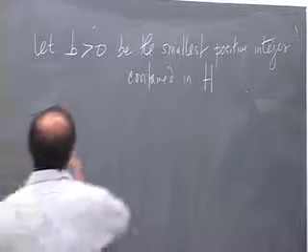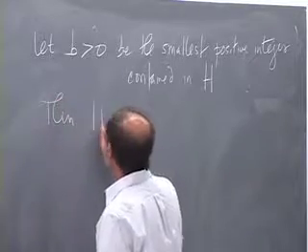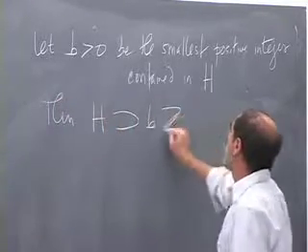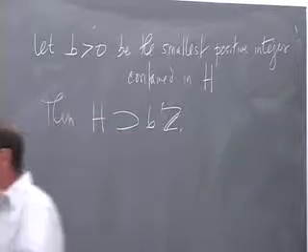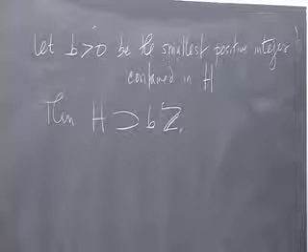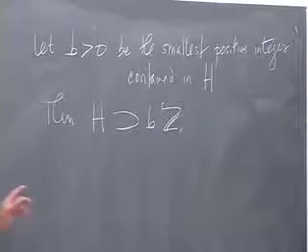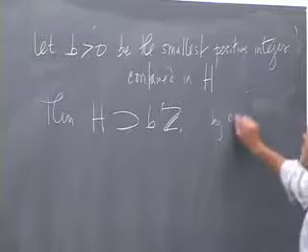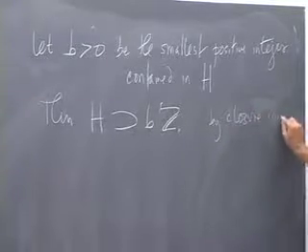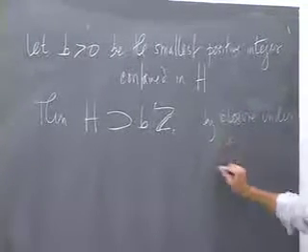Then the first observation is that H contains all multiples of b. Because once it has b in it, it has b plus b, which is 2b, and then b plus b plus b, which is 3b, right? And then it has minus b, which is the inverse of b, and minus 2b, which is the inverse of 2b. Everyone agree to that? So once we find the smallest possible positive integer in it, it has to contain all multiples of this by closure under addition and inversion.